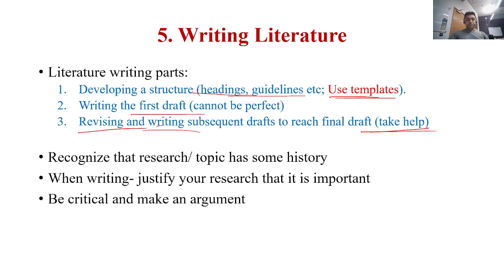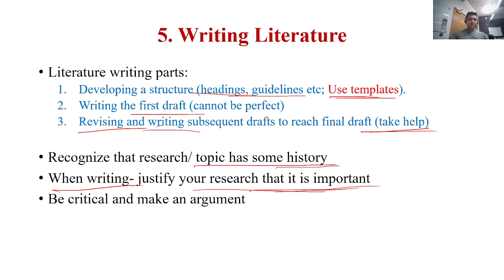Then you've got some other points to note: recognize the topic's history. So when the particular term started, who started it, and then how it was transformed into something else, if it has transformed into something else. When writing, justify your research, that it's important.